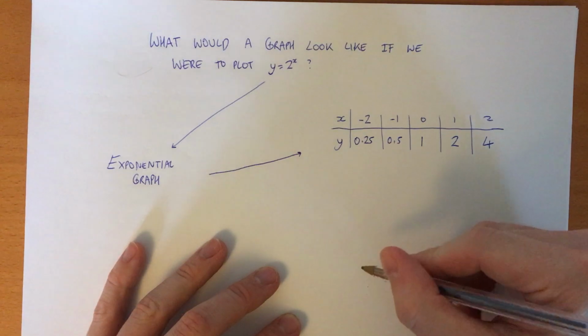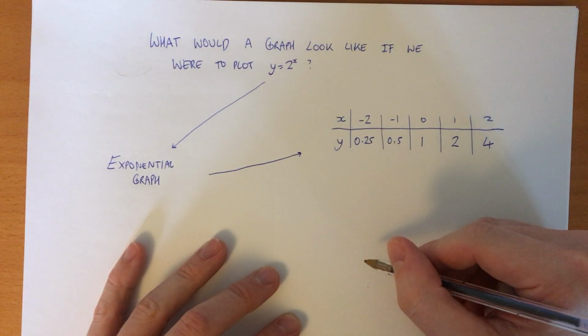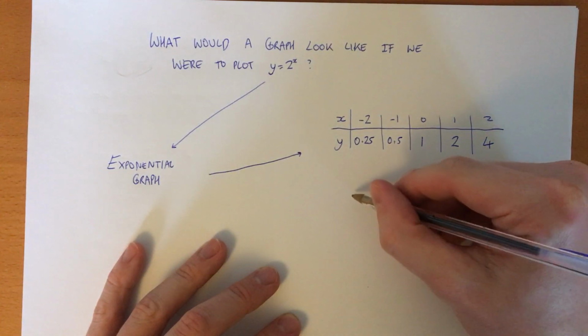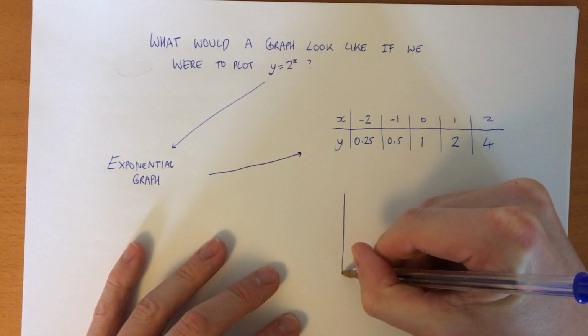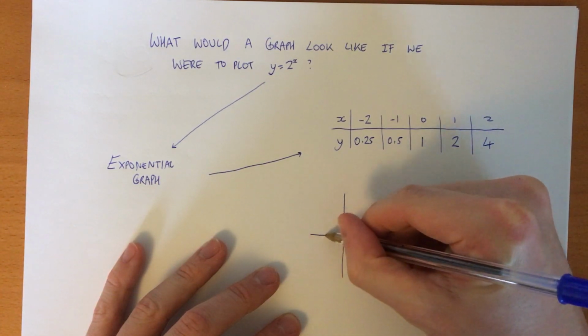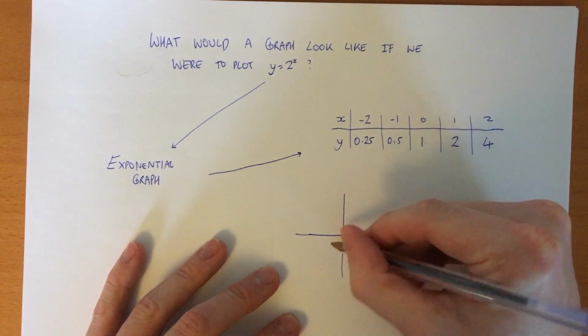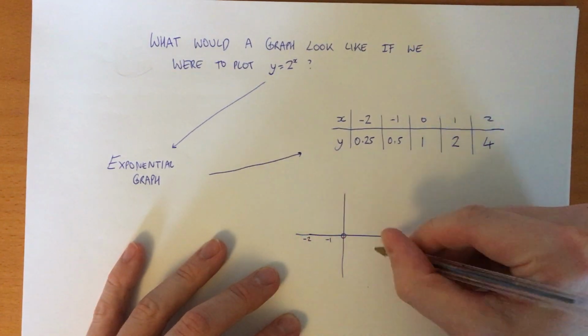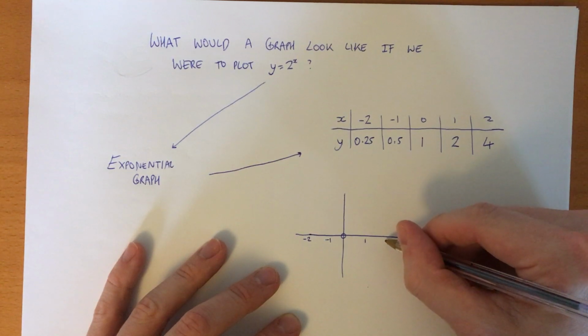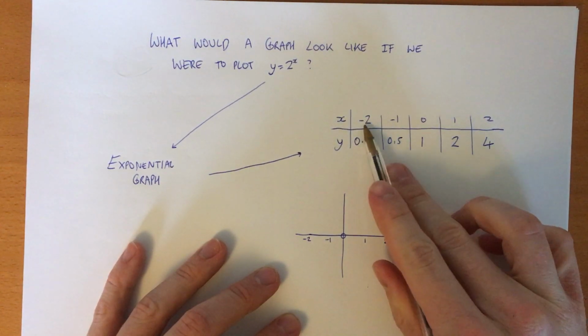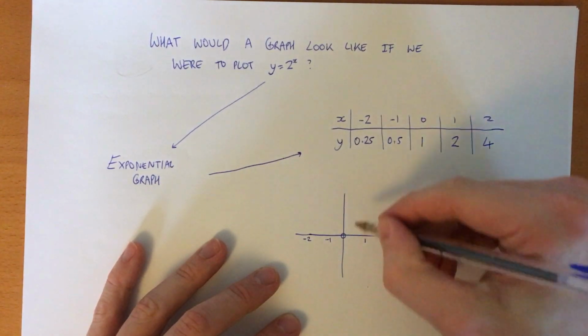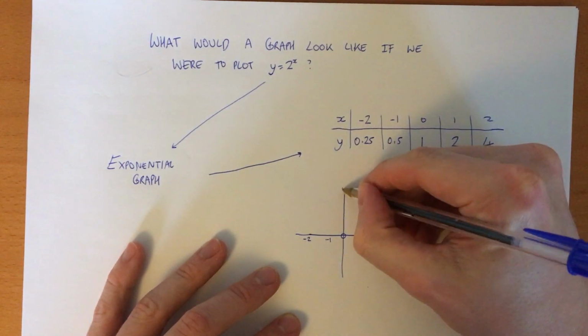So now we've got enough information for us to be able to draw this out. So let's have a go at this. 0, minus 1, minus 2, 1, 2. Okay, negative 2 to 0.5. So obviously we'll label that as x, label that as y.